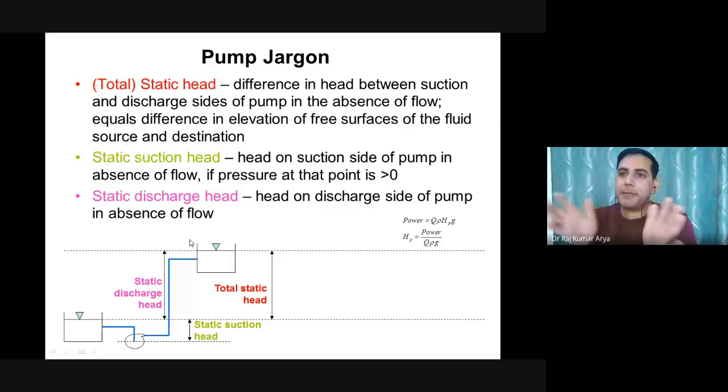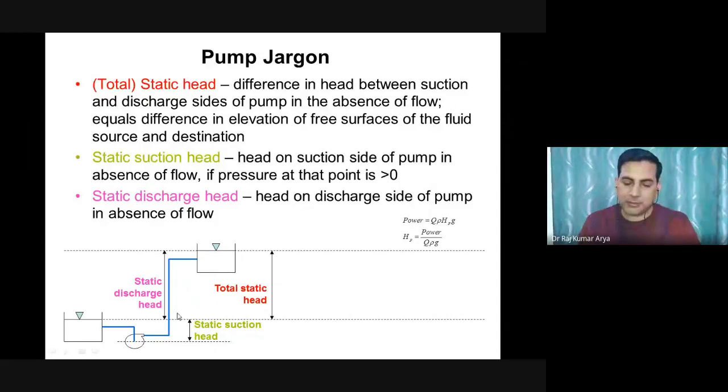Another combination is parallel. Let's say you want more flow rate, but your height is fixed. You want to deliver the fluid to, let's say, 10-meter height. Your height is fixed, so you can take any pump. Now you want to have more quantity of the fluid. In that case, you have to put several pumps in parallel connections.